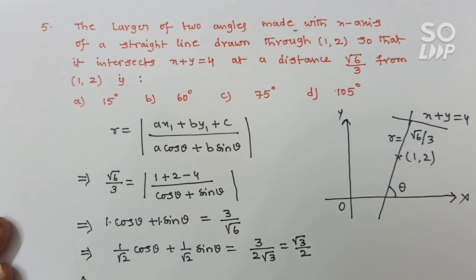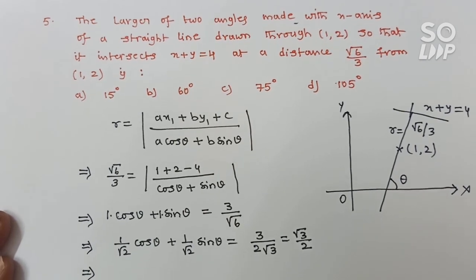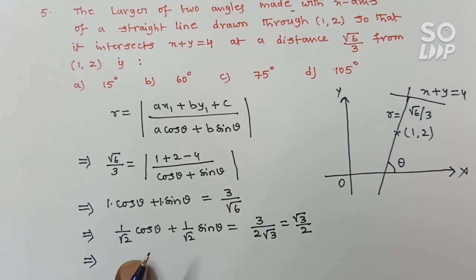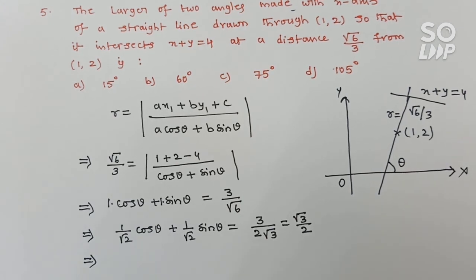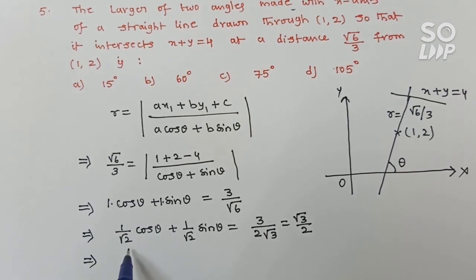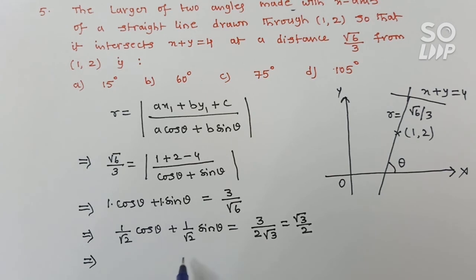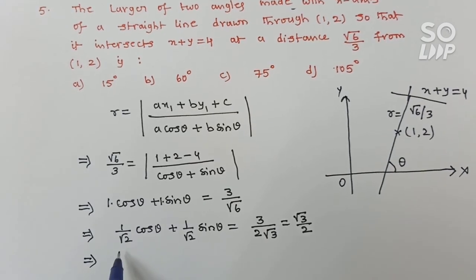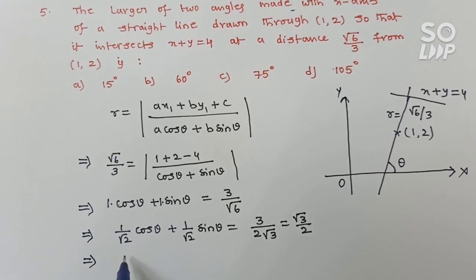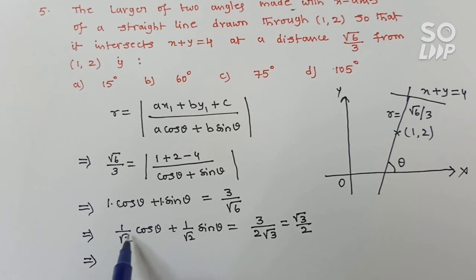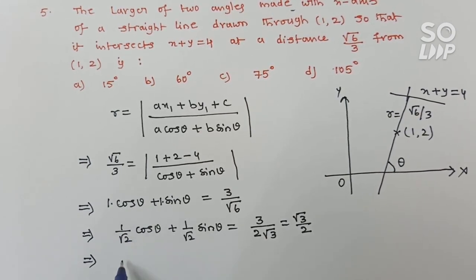Here you can write this either in terms of cos or in terms of sin, whichever you like. Suppose we write it in terms of cos: 1 by root 2 is nothing but cos pi by 4.